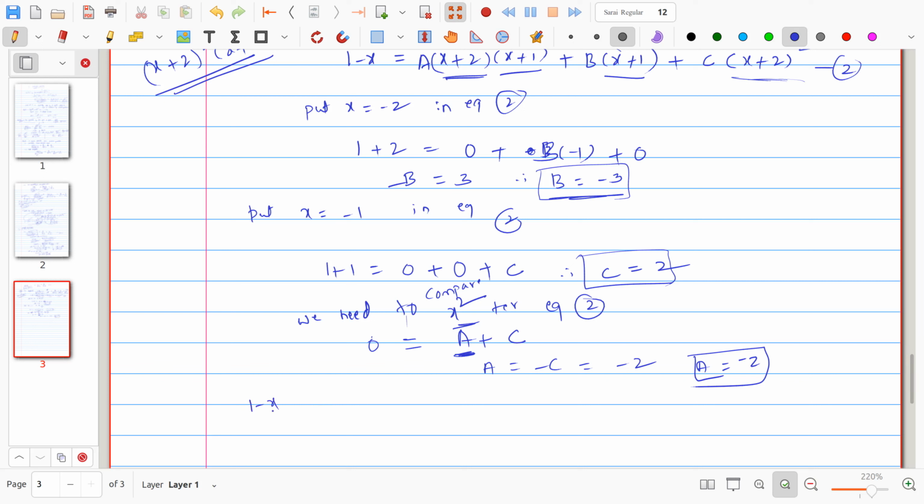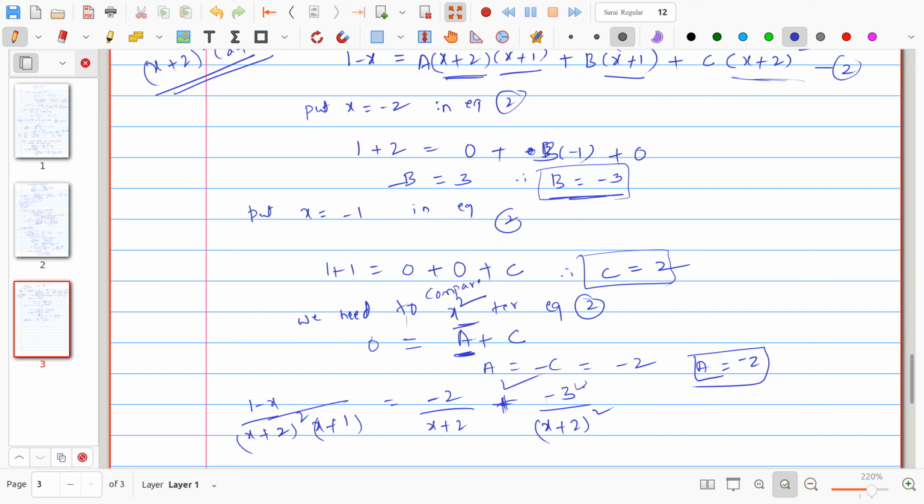So, repeating equation number 1 with the values of the constants: 1 minus x over x plus 1 is equal to a value minus 2 divided by x plus 2, plus b value minus 3 over x plus 2 whole square. Here we cannot write minus in between, because we always write plus terms.